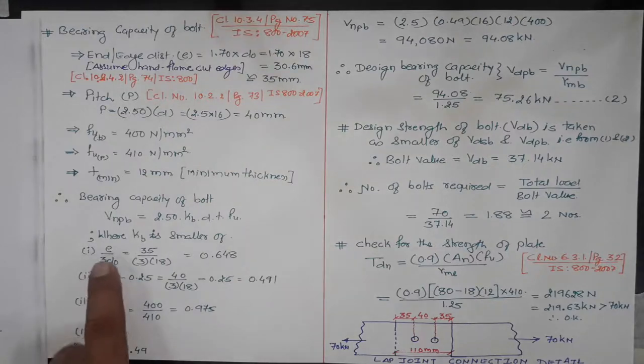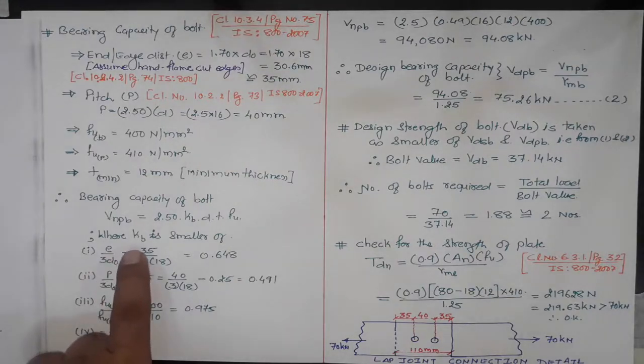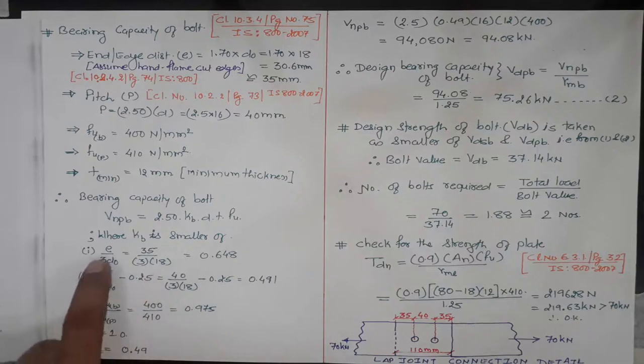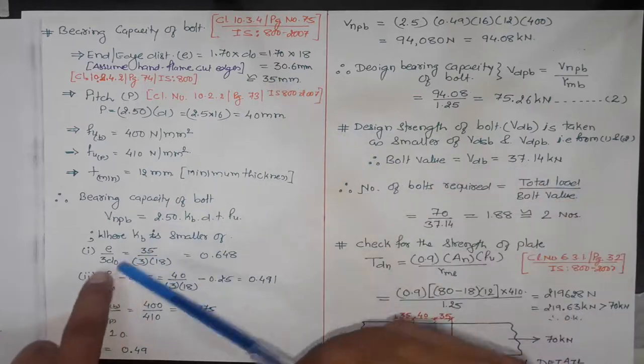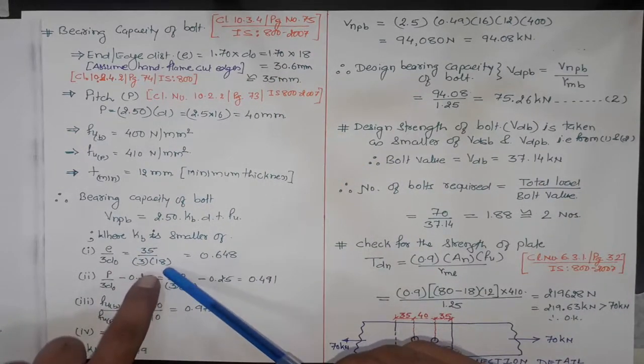Now to determine the value of kb, which is the smaller of e by 3d0, p by 3d0 minus 0.25, fub by fup and 1.0. e is the edge distance which we have derived, that is 35 divided by 3 times the diameter of hole, that is 18 mm.